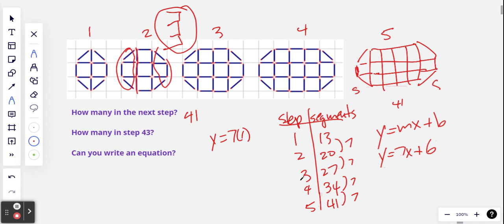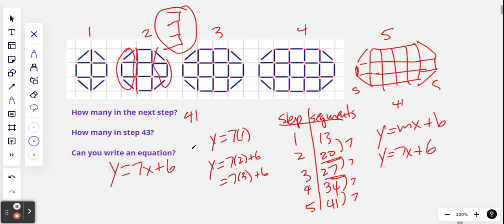So b is 6. Let's test this really quickly with a couple other steps. So y equals 7 times 2 plus 6. 14 plus 6 would be 20. That's what we've got in step 2. How about in step 3? 7 times 3 plus 6, that's 21 plus 6, which is 27. Yeah, looks like that's working. So our equation is y equals 7x plus 6.